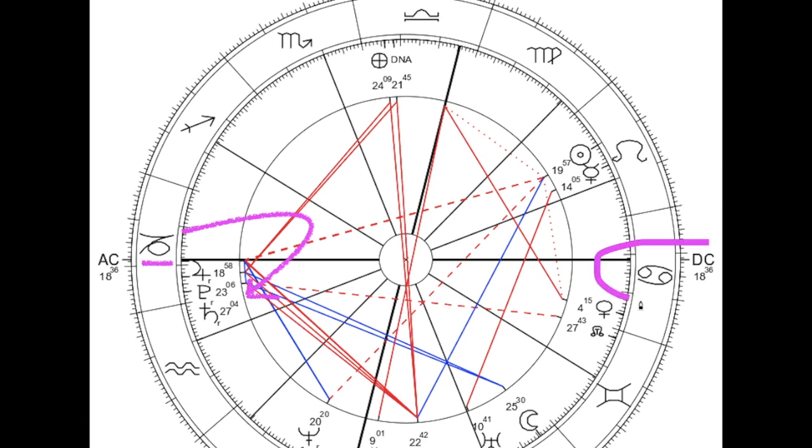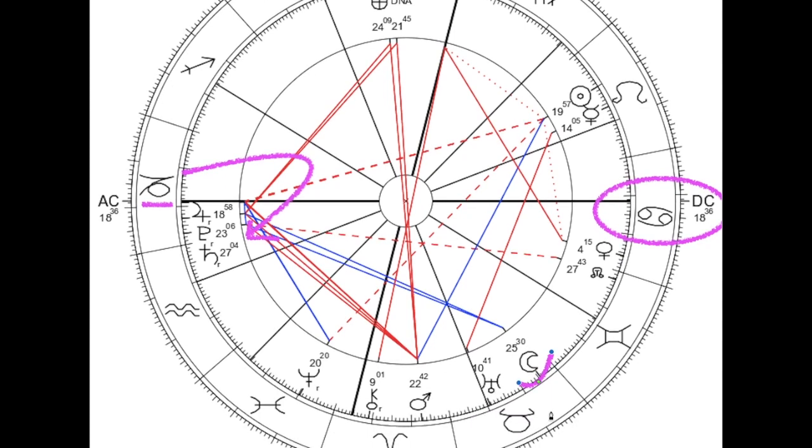The DC, the perpetrator, it's interesting because it's Cancer. Cancer is ruled by the Moon, and the Moon is usually our mother. I don't think it's her mother that did anything to her, so we need to go a little bit further.